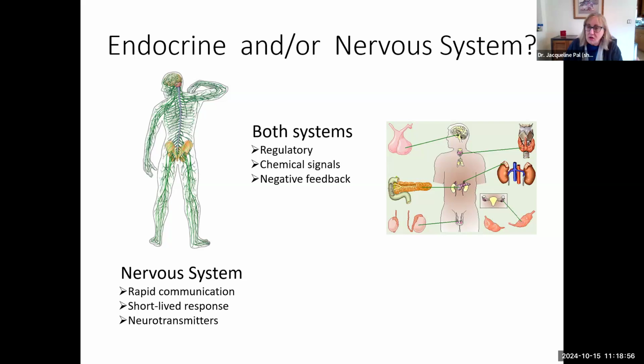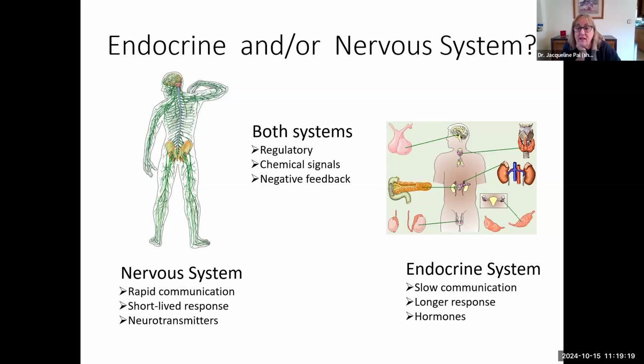So the nervous system, as you've already learned, has very rapid millisecond communications. And so the responses are very quick. As soon as it reaches its receptor, it opens up a channel, then it gets kicked off the receptor and usually is destroyed. And we call the chemical signals neurotransmitters.